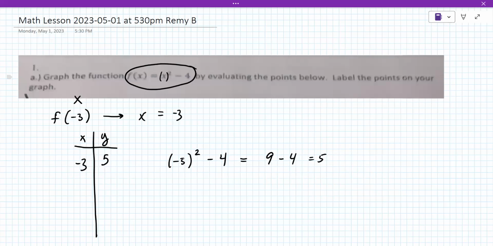Okay. So for the next one, -2, it's in parentheses, -2 squared minus 4. Will you attempt to calculate that for us, please? -2 squared, -2 times -2.